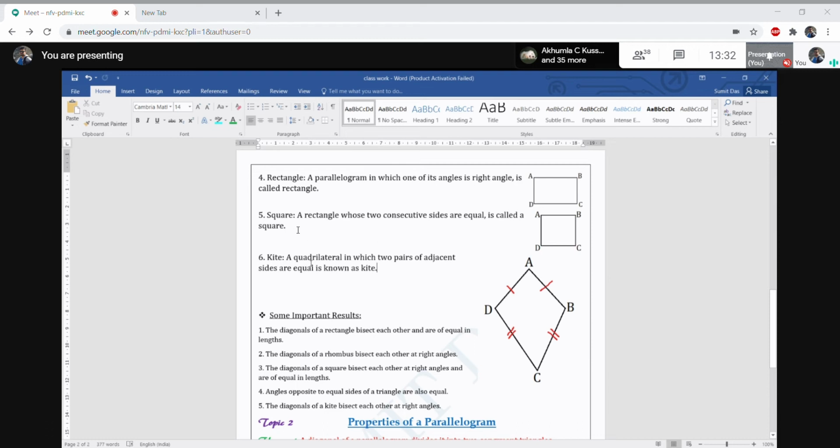So a quadrilateral in which two pairs of adjacent sides are equal, one pair AD and AB, another pair DC and BC, is known as a kite.